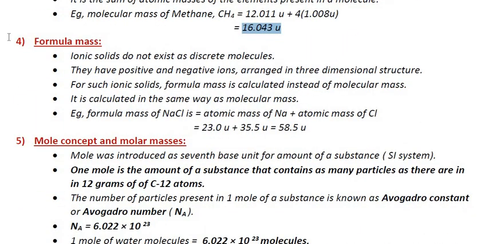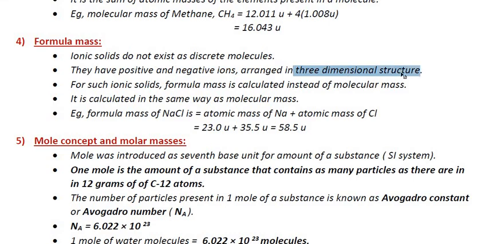Now the next topic is formula mass. Ionic solids do not exist as discrete molecules like any covalent molecule would be. They have positive and negative ions arranged in a 3-dimensional structure.